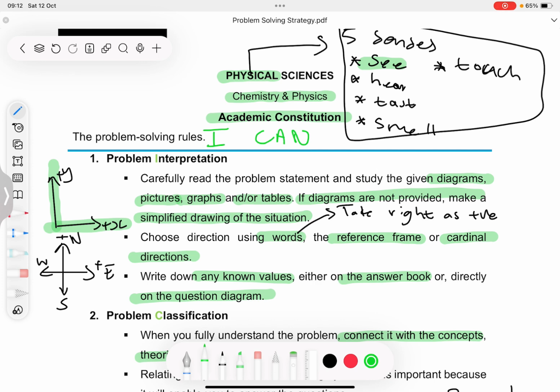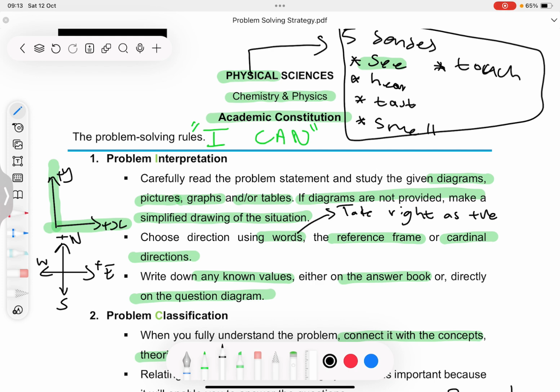When you start feeling nervous by seeing a question paper and looking at the diagram, the statements, you then write this at the top of your questions to say, I can solve this problem. Why? Because you have all the tools. You know the steps, and you have the rules, the constitution that will guide you in solving the problem.